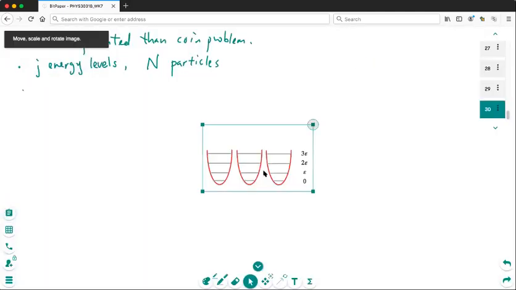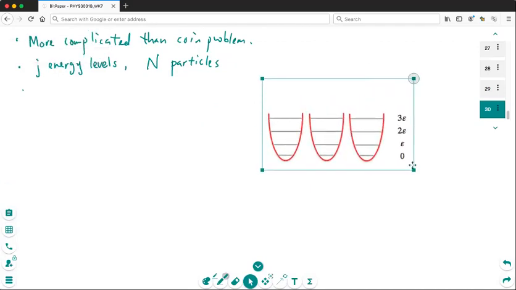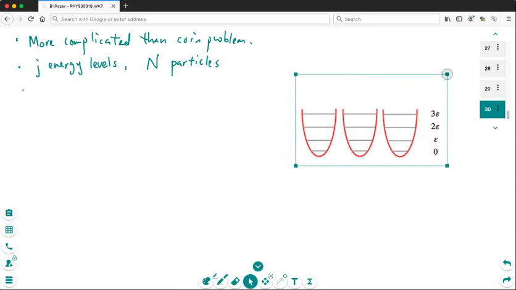Okay, I can talk about first a simple one, and then I'm going to do a general case like the coin problem. So for example, I can have only 3 particles. Okay, and how do I make sure these particles are distinguishable? I need to find a trick. So the model here is actually like this.